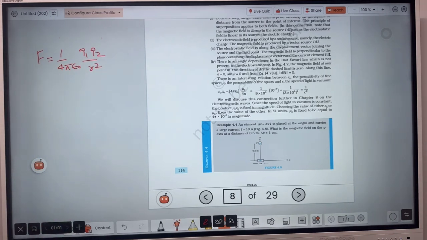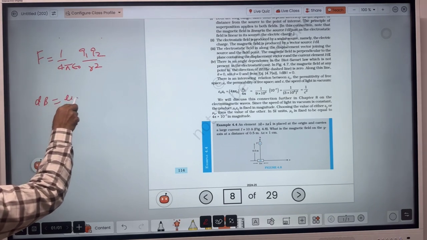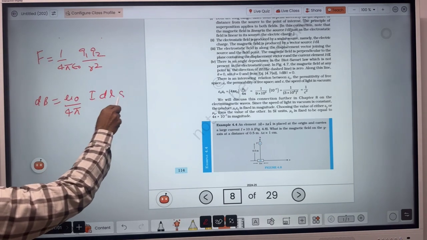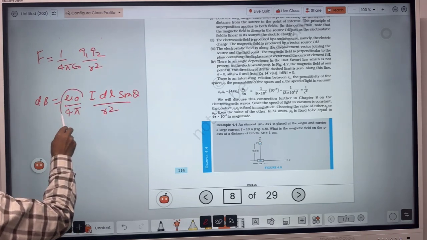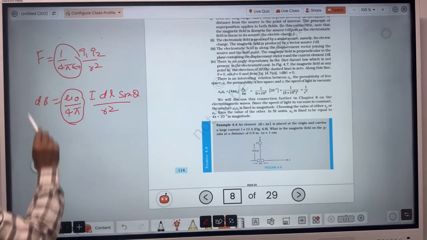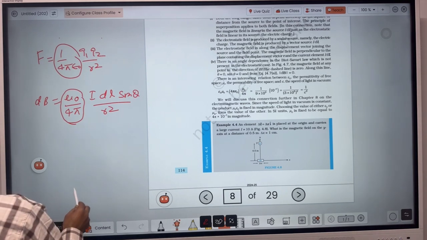And here we have used the constant dB equal to mu naught upon 4 pi I dl sine theta divided by R square. Now we are going to take this constant and this constant, and let's see what result it gives.